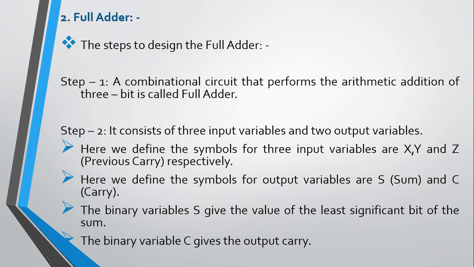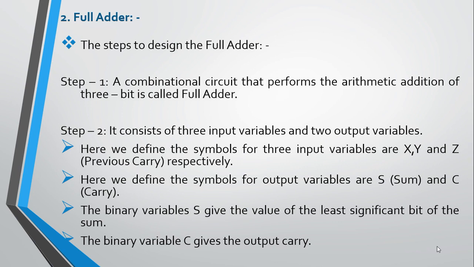Now see, the second is called the full adder. Here are the steps to design the full adder. Full adders can be designed using a combinational circuit, but over here there are 3 bits of input variables, right? So when there is a requirement to perform addition of 3 numbers, at that time you need to use full adders.